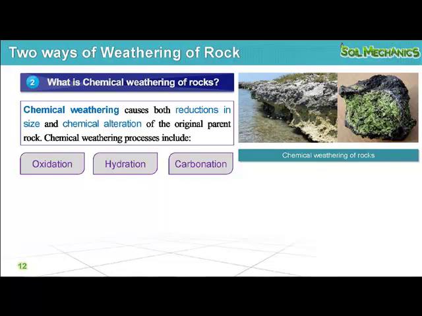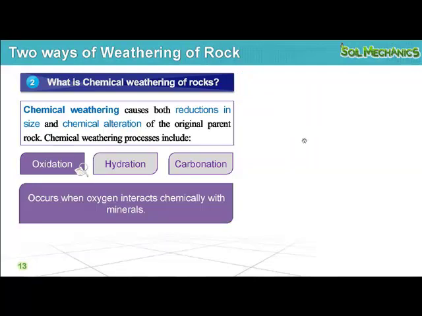Chemical weathering includes oxidation, hydration, and carbonation. The picture shows some samples of chemical weathering of rock due to interaction between the rock and oxygen, water, or carbon dioxide.